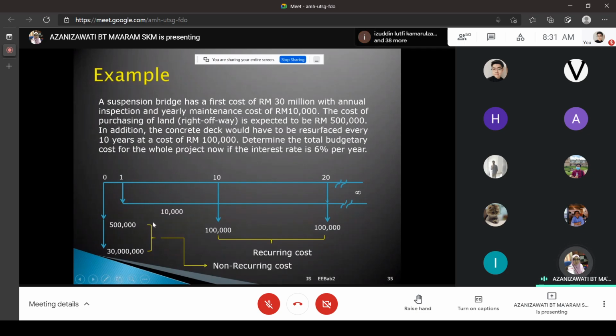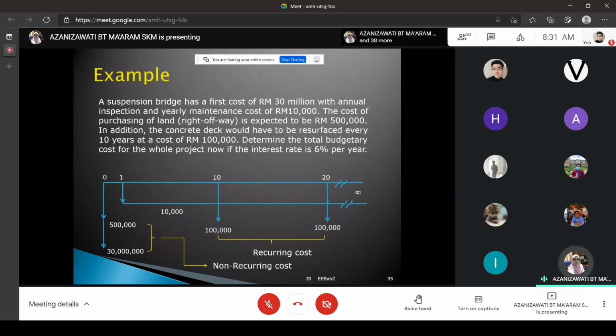And then the annual inspection and yearly maintenance cost is 10,000. Since this is capitalized cost, it will be infinity here. So starting from year 1 until infinity, we will withdraw another 10,000 for inspection and maintenance.